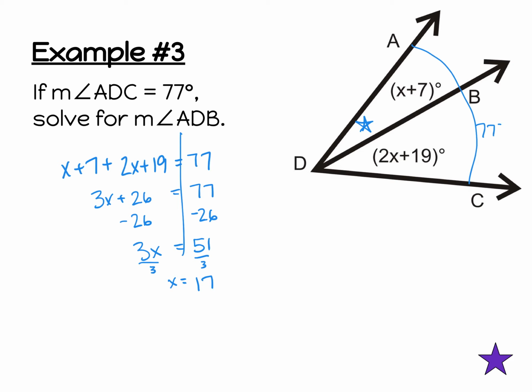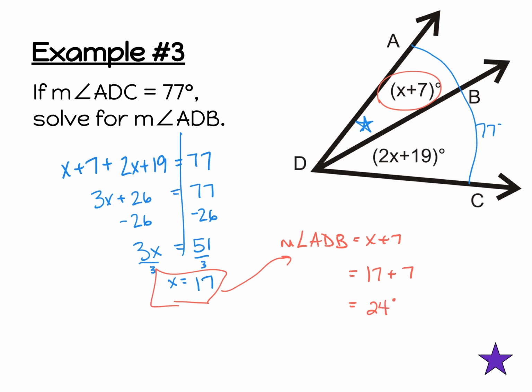Remember, we're solving for angle ADB. We know, according to our figure, the measure of angle ADB is equal to x plus 7, right up here. So I now know what x is, so I want to plug it in for x up here. So I really have 17 plus 7, which is equal to 24 degrees. So the measure of angle ADB equals 24 degrees.